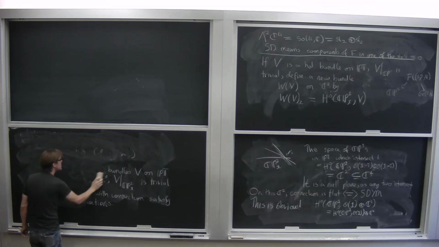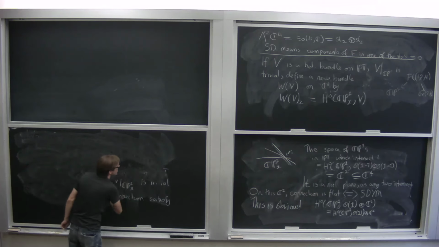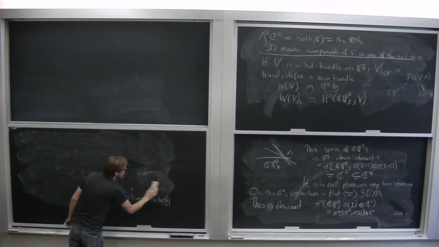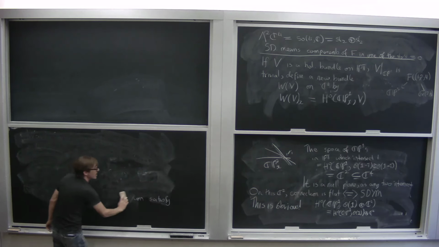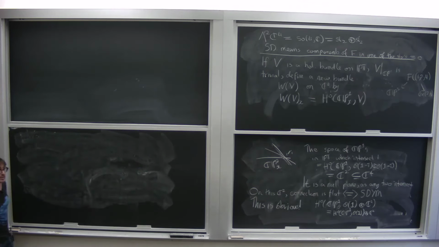I think the history is basically, Ward came up with this result at some stage in the early 70s, and ADHM realized that if you could understand vector bundles on CP3 and classify them, then you can use this theorem to classify solutions of the self-duality Yang-Mills equations. So that's great because now you've translated this hard problem in PDEs into something purely in algebraic geometry.